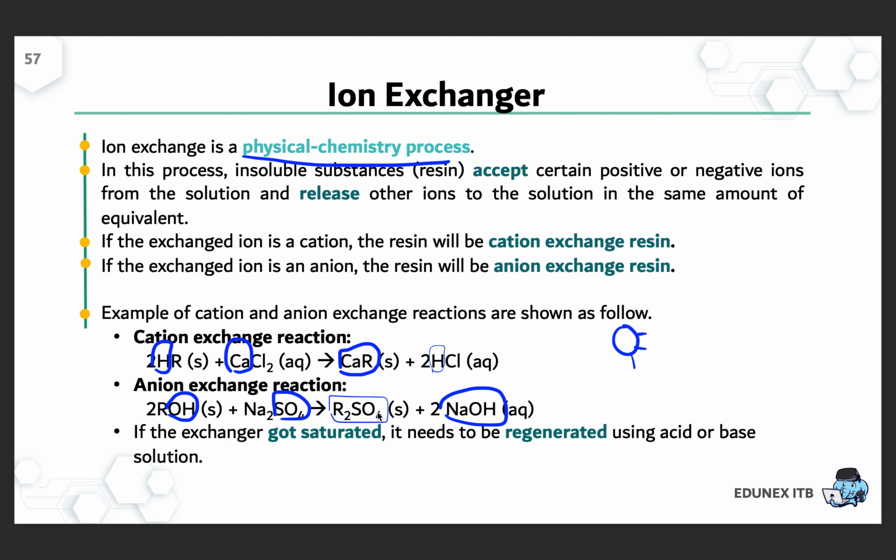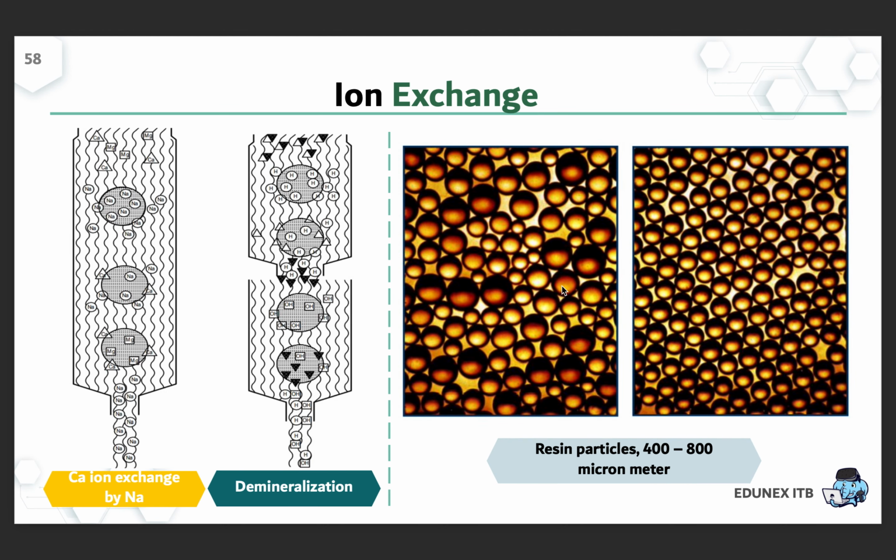Over time, of course, the resin will get saturated. Once the resin has lost all the hydrogen or all the hydroxide ions, it is saturated and needs to be regenerated, usually by using a strong acid or strong base solution. This is the schematic.